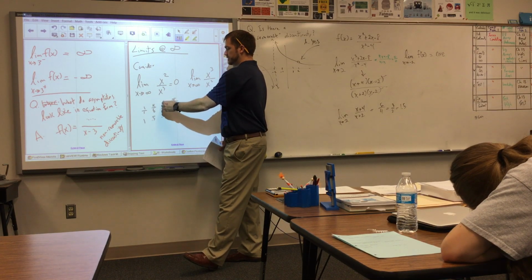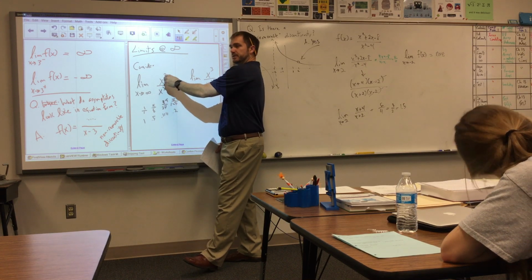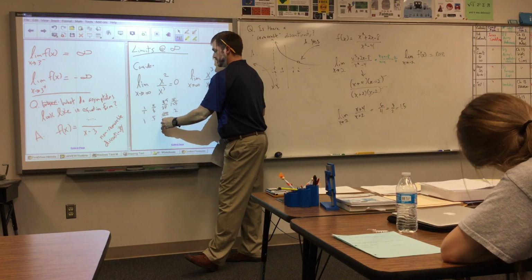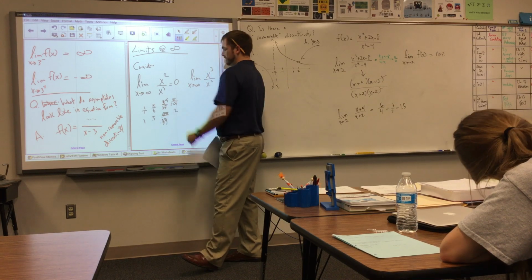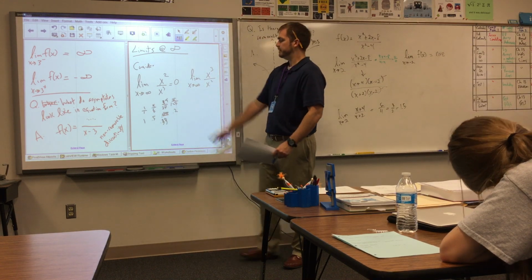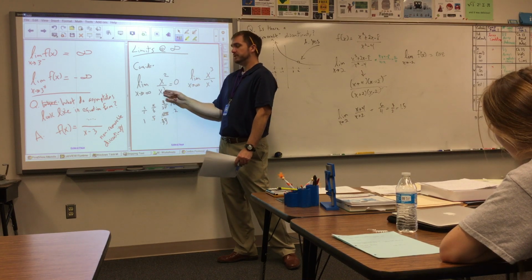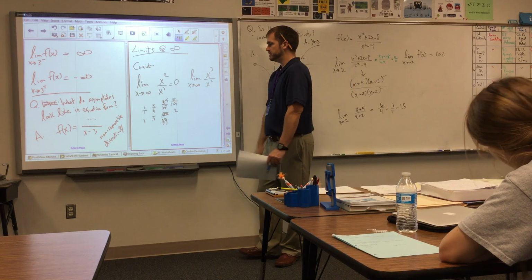I said 3 over 27. I should have said 9 over 27 because it's 3 squared. So I think that was 0.32. Okay. All right, that matches a little closer. So it's approaching 0. So if the denominator grows faster, your ratio approaches 0.